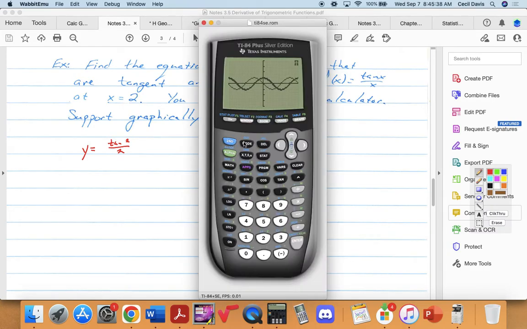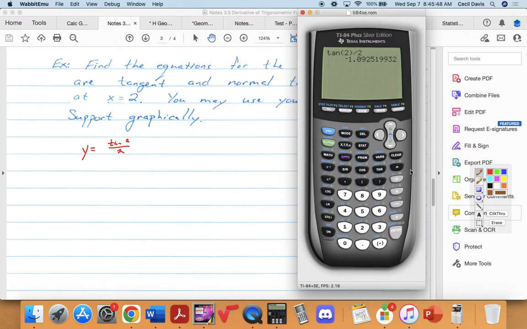So I'm going to go to my calculator and go, hey, calculator, what's the tangent of 2 divided by 2? And it says it's negative 1.0925, yada, yada, yada. Remember, 3 decimal place accuracy is a minimum. If you want to give more, you can. And on this one, I probably would just go 1.0925.